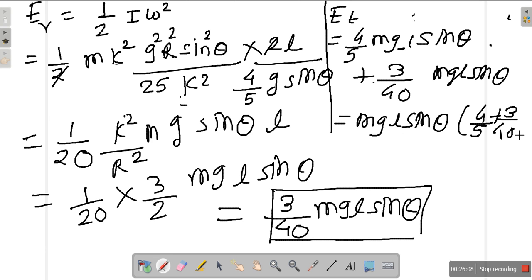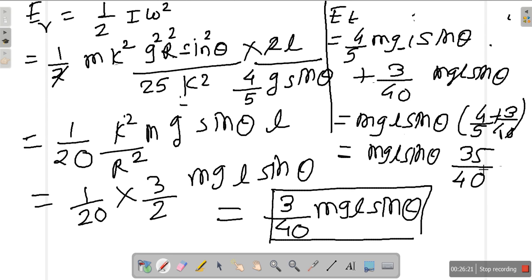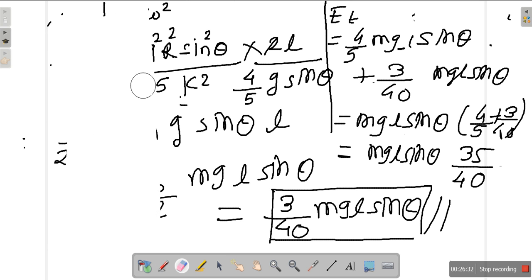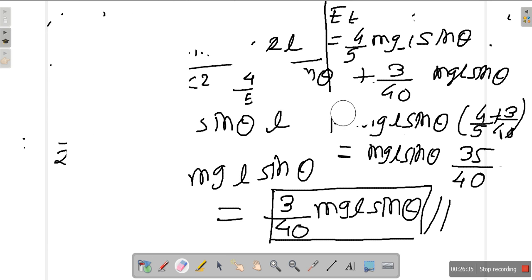Please do this calculation. LCM is 40. So 5 8s are 40, 32 plus 3, that is 35. You can divide by 5. And if you divide by 5 and take the ratio, then we will get the final answer as 7 by 8 mgl sine theta.